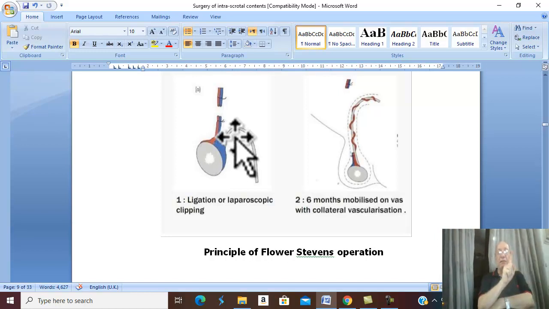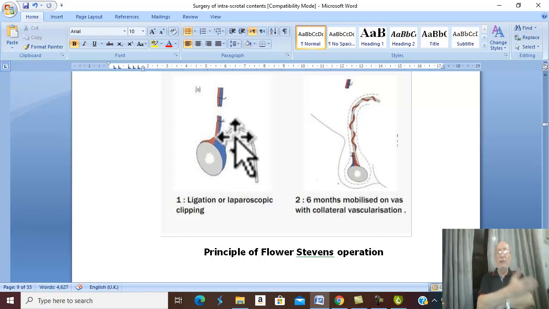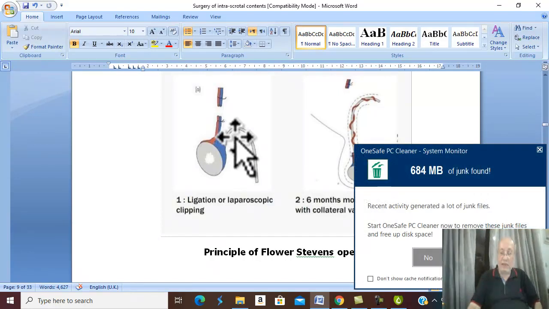Never repeat this course again. If you repeat this course again, precocious puberty for this infant will occur. This is the treatment of undescended testis.